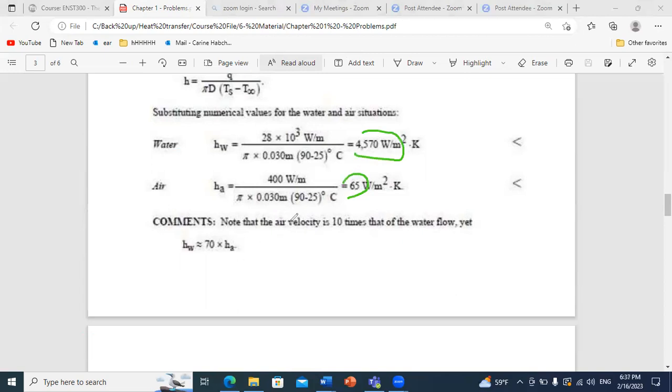Even if we multiply the velocity of air by 10, the convective coefficient of water is nearly 70 times that of air. So from here, the importance of appropriate selection of the fluid that you will use in your cooling application.